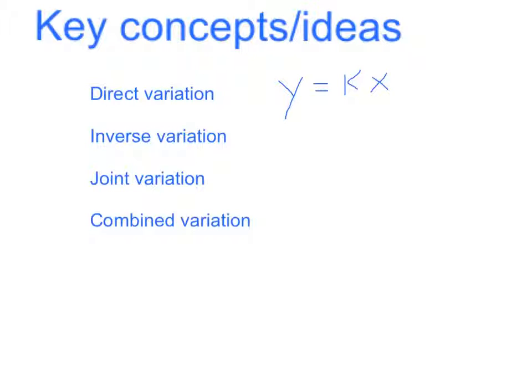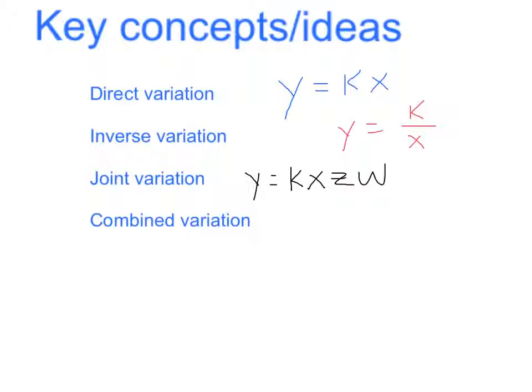Inverse variation is y equals k over x. And then we should be able to tackle joint variation, which can show up in a number of ways, but typically it'll be y equals k times x z, or maybe there's a third variable in there, xzw.